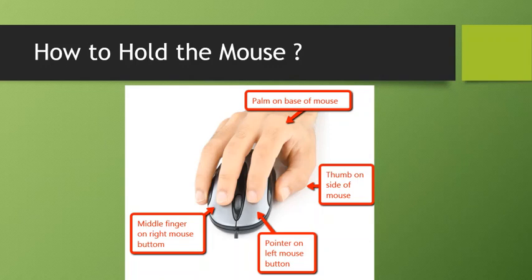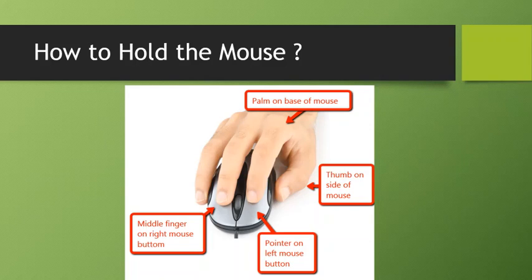In that, you have to keep your index finger on the left mouse button and keep your middle finger on the right mouse button, and then hold the mouse gently with your thumb on the left side and last two fingers on the right side of the mouse.